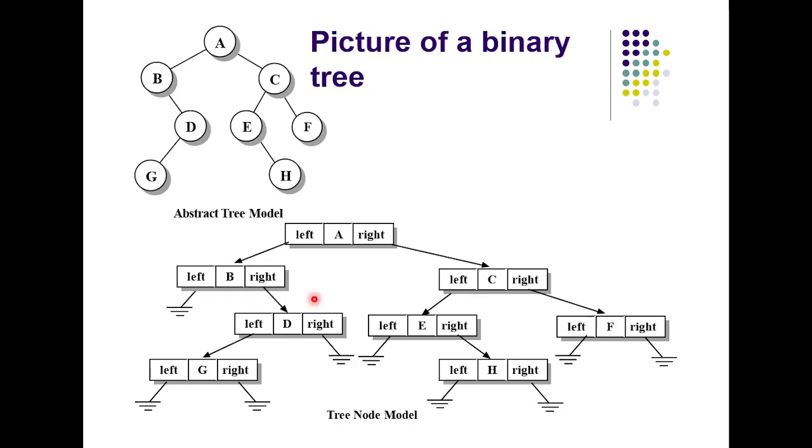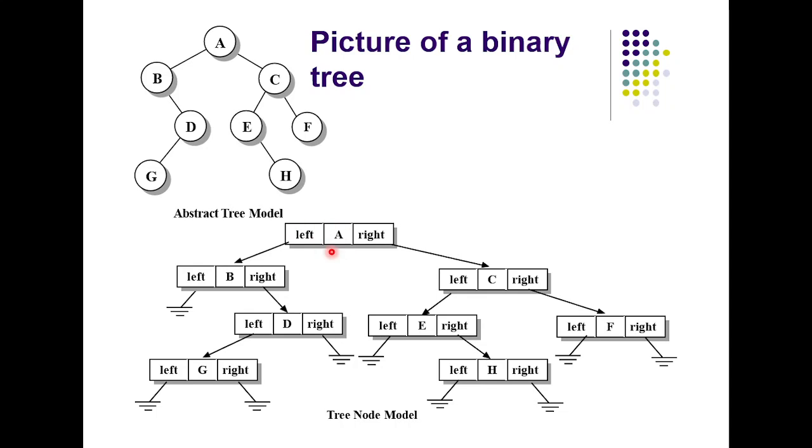But if we see it in a more detailed way, our tree is actually stored in memory in this fashion. It is implemented inside any programming language in the form of a linked list, where every node is maintained in this way.